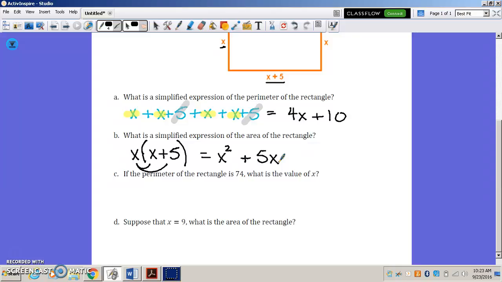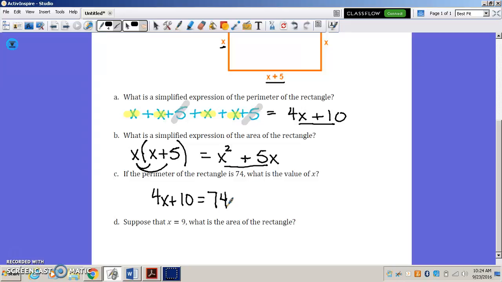Question C says, if the perimeter of the rectangle is 74, what is the value of x? We're going to solve an equation here. So here we have an expression, here's an expression. Now we're going to get into some equations. So the perimeter is 74. I'm going to take my perimeter expression, which was this one up here, and I'm going to set it equal to my number of 74. Now hopefully we're proficient at solving these equations.